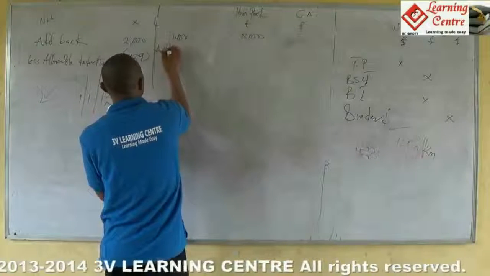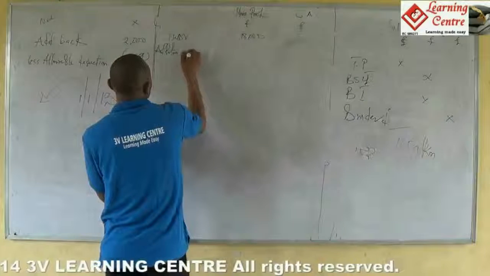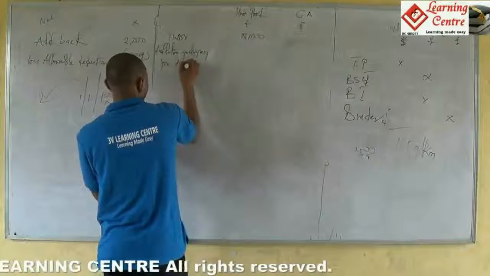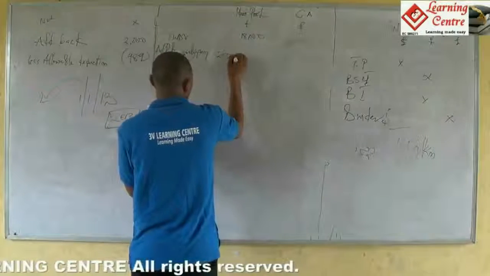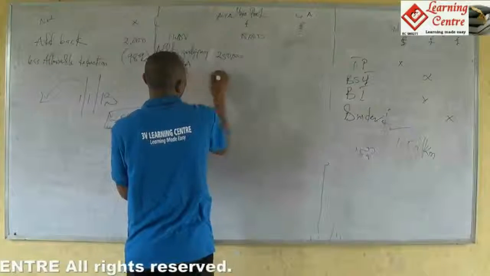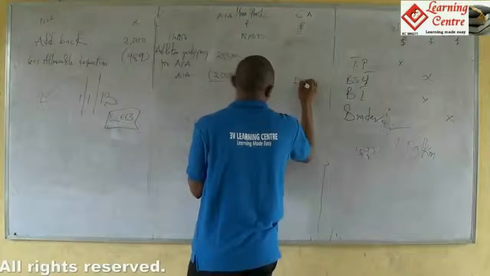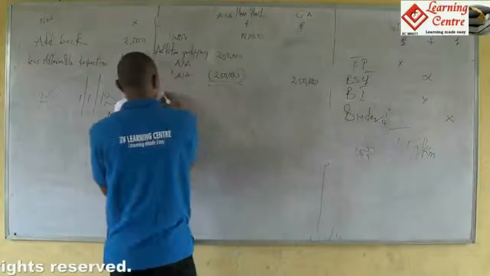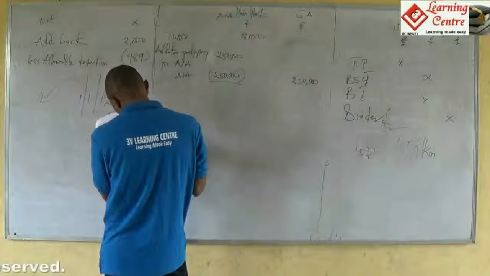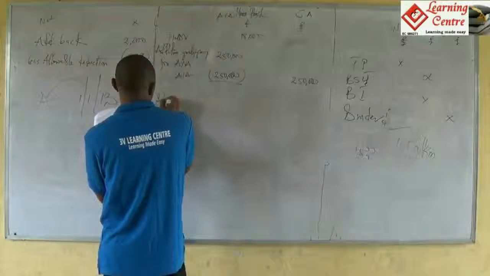So you're going to the additions, 3,000. For AIA, it's 250,000, so you can just claim AIA straight away. Now additions qualifying for AIA, what are they? 3,000. That goes to the next book.